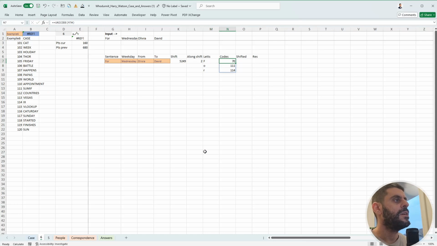Fantastic. I need the position -1, which is the sequence of rows of those starting from 0. So shifted will be my codes plus the shift plus the along shift times this, and so I will use the unit chart of this to find the results.